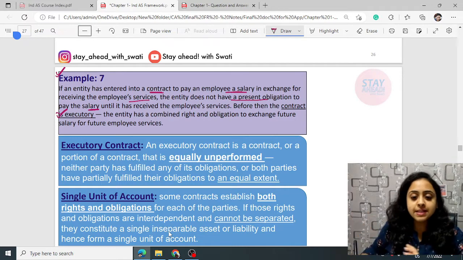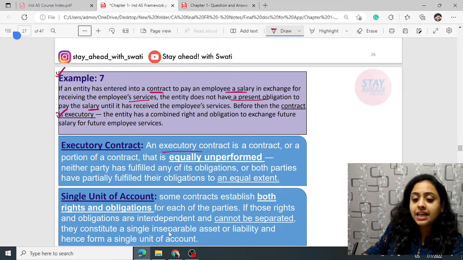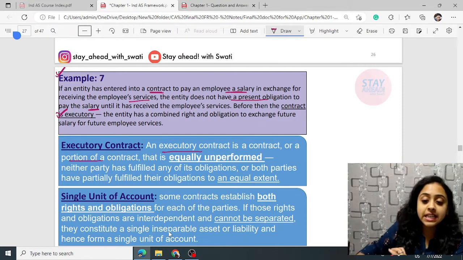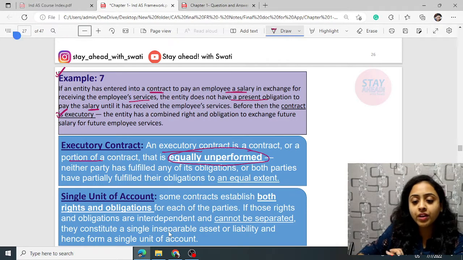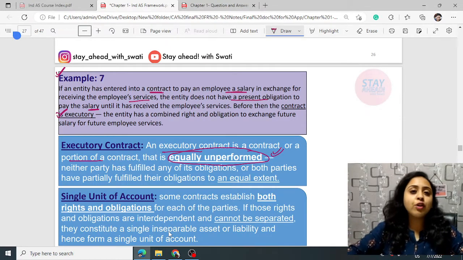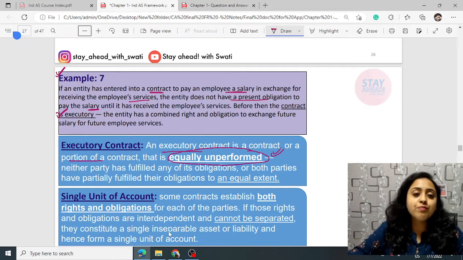For example, see, an executory contract is a contract or a portion of a contract which is equally unperformed. Are you aware of this fact? 10 days pending, 10 days pending. If you are a construction company, you have built one floor out of 4 floors.